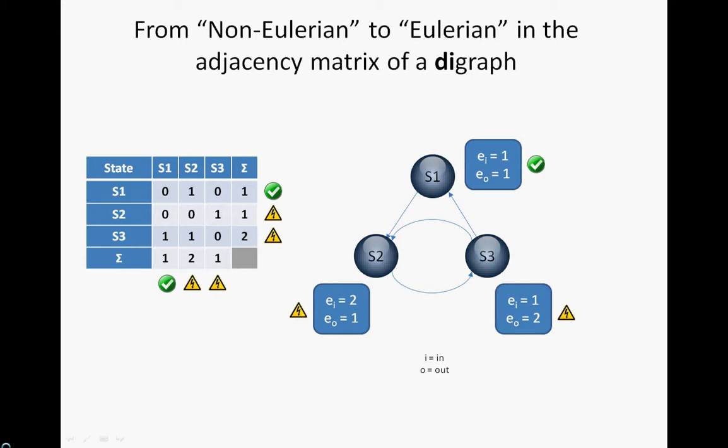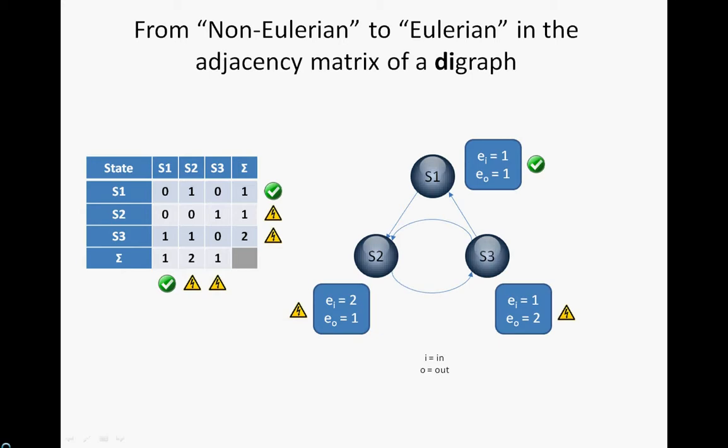Row S1, column S2 contains a 1. You will also see that S1 has only one state that can happen afterwards, which is S2. So the total count of outgoing states in row S1 is 1.